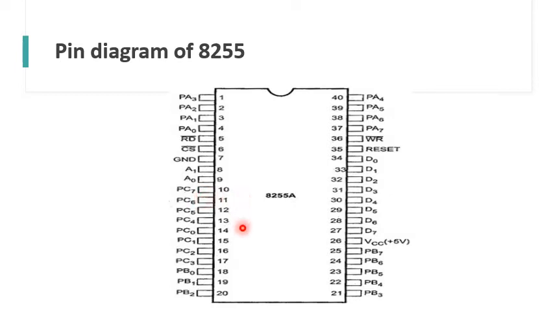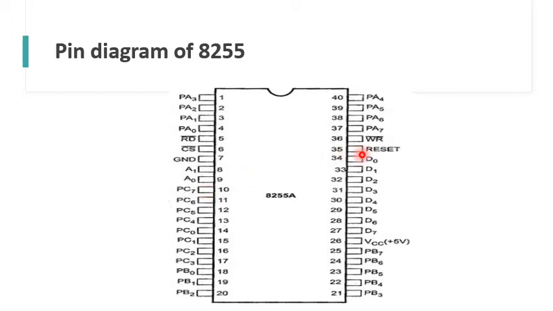The port C pins alone are divided into two 4-bit groups. PC0 to PC3 are called port C lower, and PC4 to PC7 are called port C upper pins. Both port C upper and port C lower pins are used by 8255 for communicating with an I/O device.